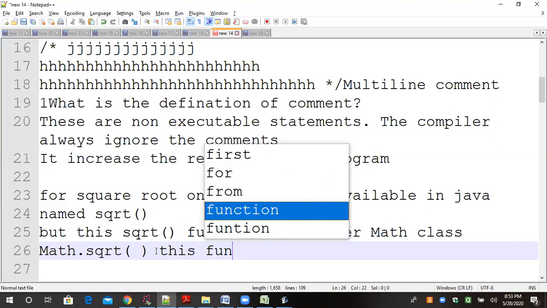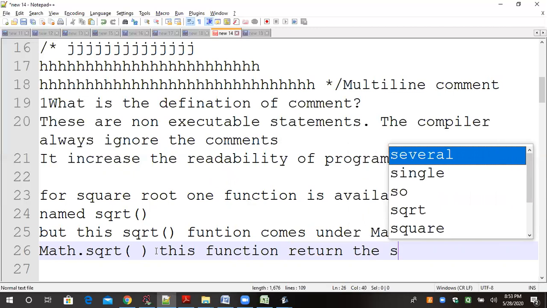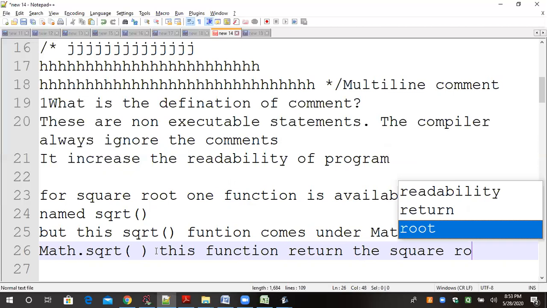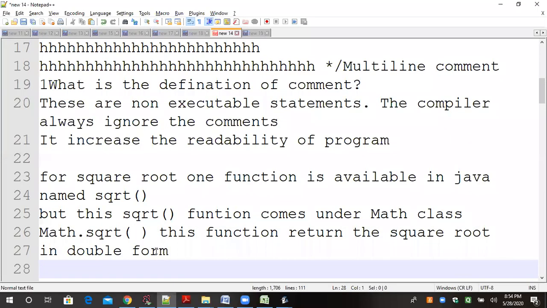This function returns the square root in double form. Very important notes I am creating in front of you. ठीक है? किस टाइप की वैल्यू रिटर्न करता है? डबल टाइप की वैल्यू रिटर्न करता है. ठीक है? I will prove this. Okay, just a moment please.